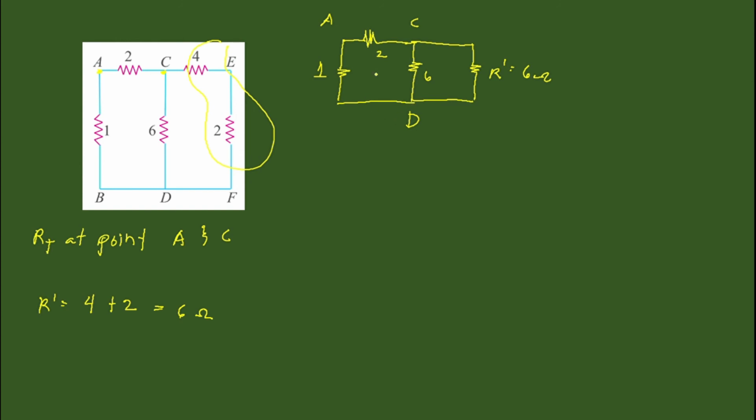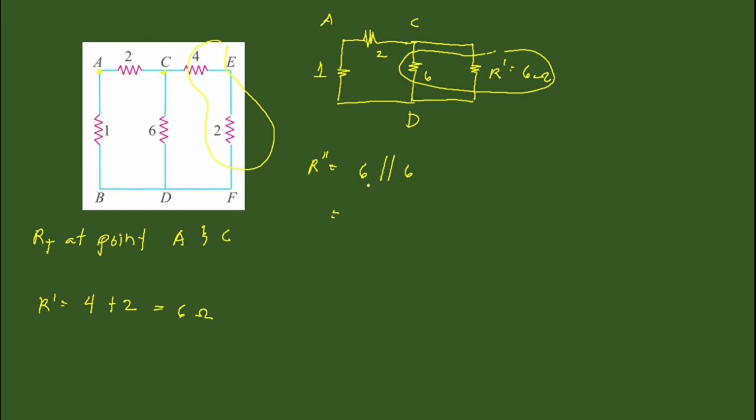Now, after that, let's consider the 6 ohms and the R prime, which are connected in parallel, as R2 prime. R2 prime is equal to 6 parallel to R prime, which is equal to 6. Now, when the values are the same, 6 and then 6, you just divide it by 2. That's the technique there.